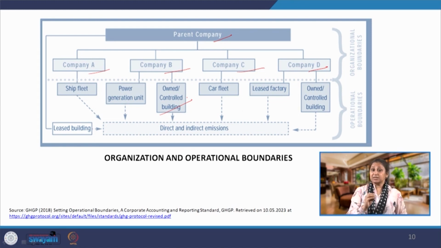It is having its operations in different geographic locations, in terms of extraction of oil, but the bigger network is of its sellers. Thousands of outlets across the world are selling fuel. Now, all these are also part of the operational boundary.